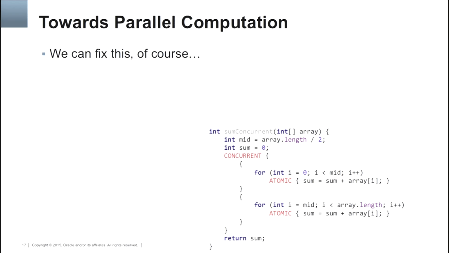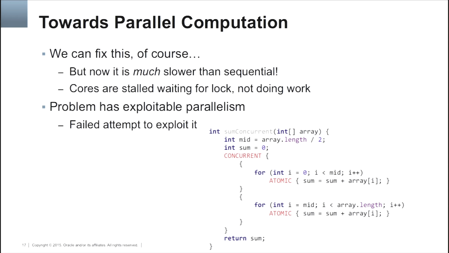Yeah, this sucks. The performance is going to be worse than the sequential one, because in addition to doing all the work, you're doing a whole pile of locking, and every one of those lock attempts will be contended. This will be like 100 times slower than the sequential one, and no matter how many cores I throw at it, it's just going to get slower and slower. So that's not good either. We had some exploitable parallelism, but we haven't exploited it correctly yet.